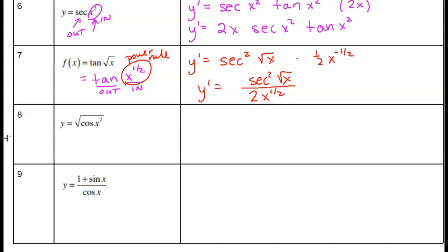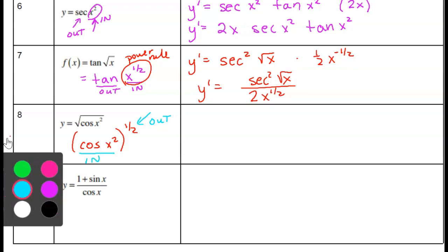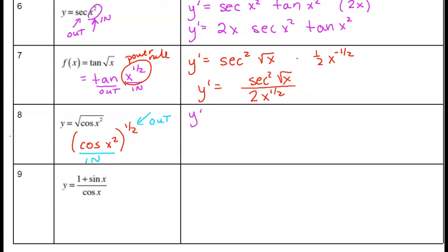All right, number 8. Once again, we have a root. So we've got cosine of x squared to the 1/2. On the outside, we have a power rule, and on the inside, we got a lot going on. But we always worry about the outside first. So the outside is a power rule.